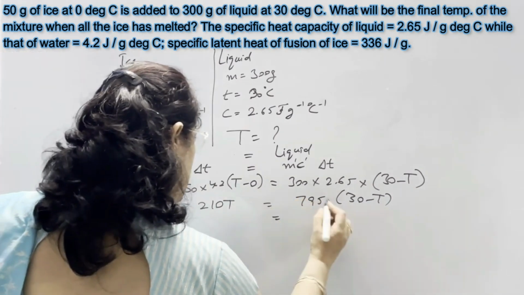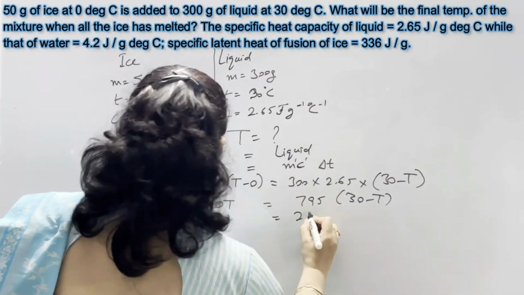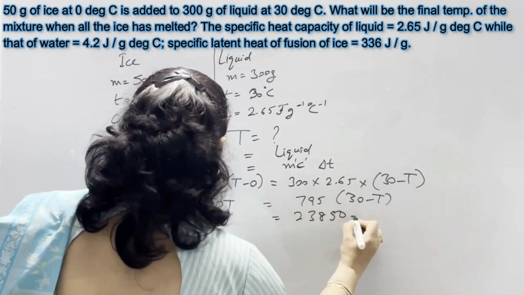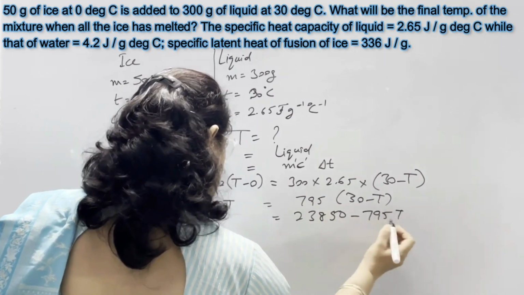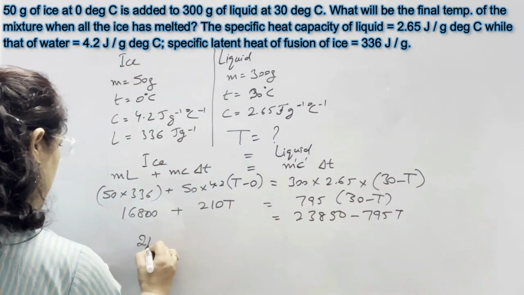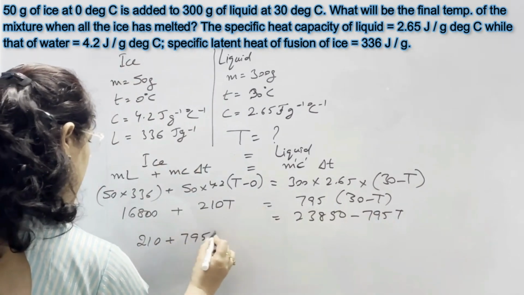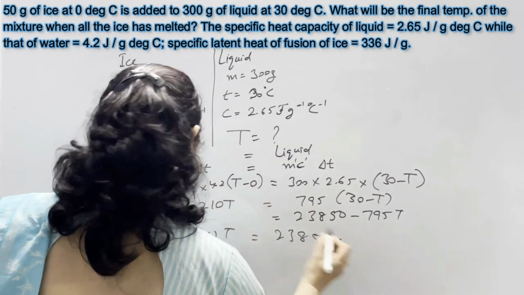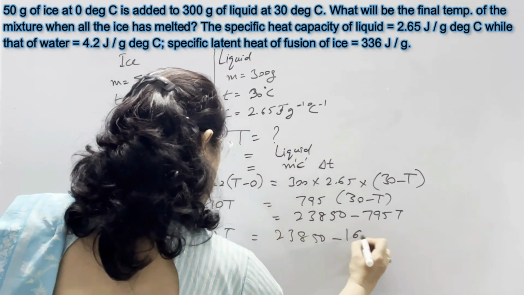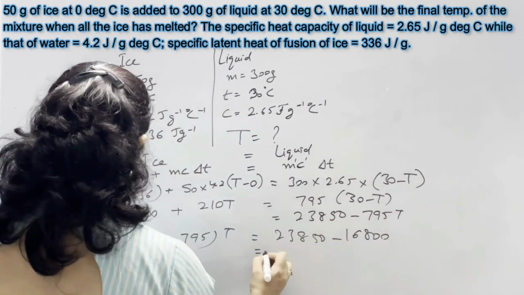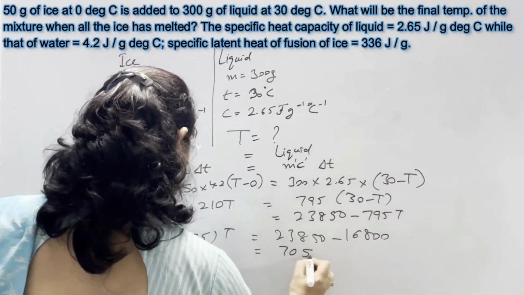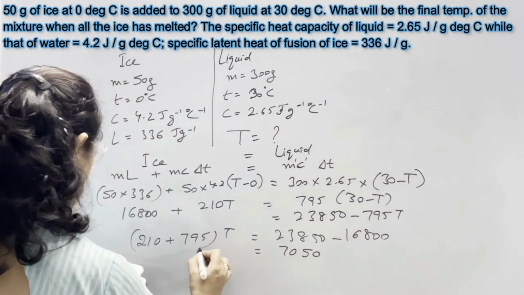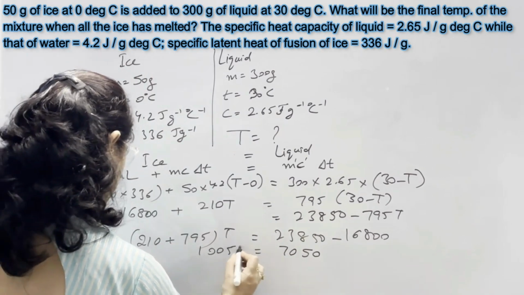On this side we can simplify this also: 23850 minus 795 T. Now this will come to 210 plus 795 T is equal to 23850 minus 16800. After subtracting, we will get the value 7050, and here after adding, 1005 T.